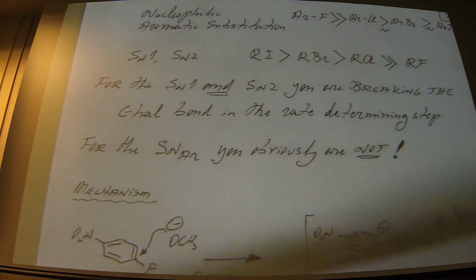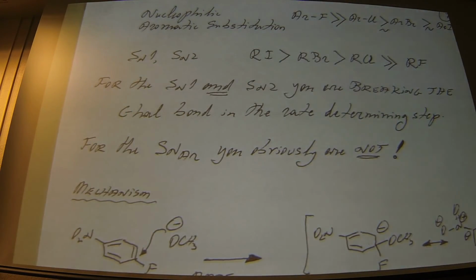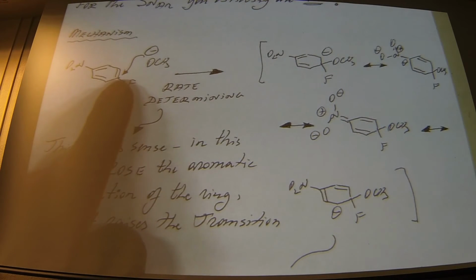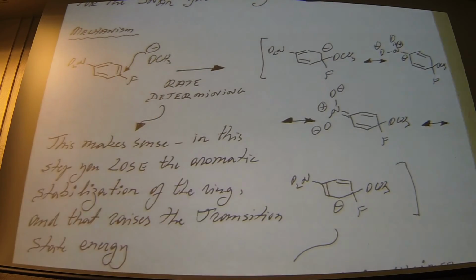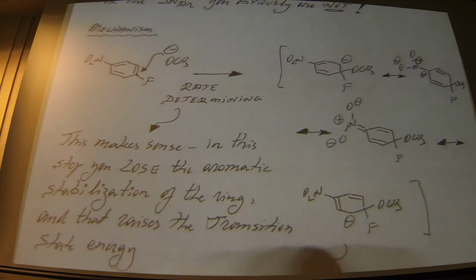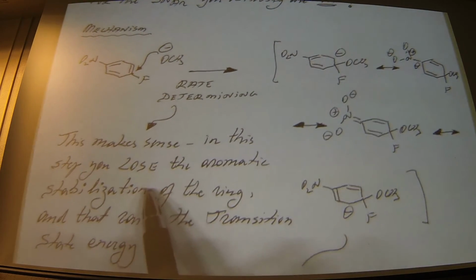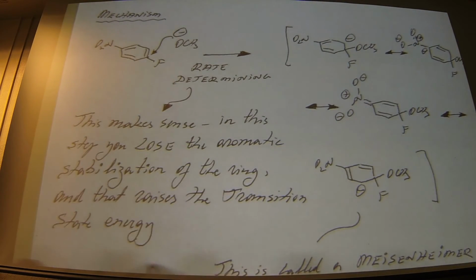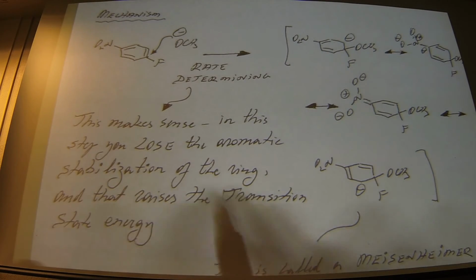Well, guess which step is going to be the slow step? The slow step is going to be the one where you lose the aromatic stabilization of the ring. And so the slow step involves the nucleophilic addition. That's the rate-limiting step. Now this makes perfect sense because you have to overcome that loss of aromatic stabilization.